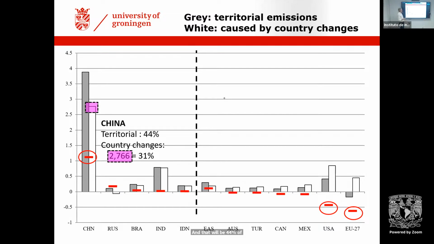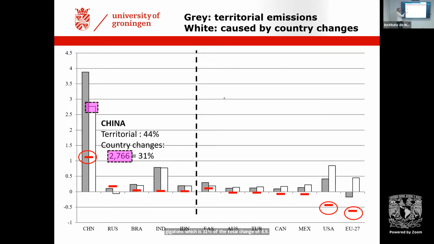The changes in global emissions for which China is responsible, or which are due to the Chinese emission intensity changes and changes in Chinese consumption, that is in the white column. And that is the 2.7 gigatons, which is 31% of the total change of 8.9.